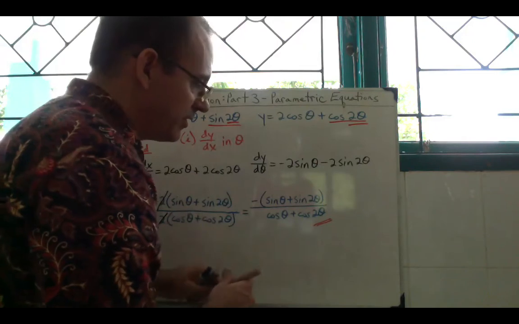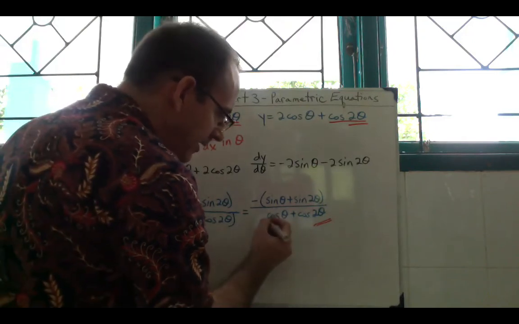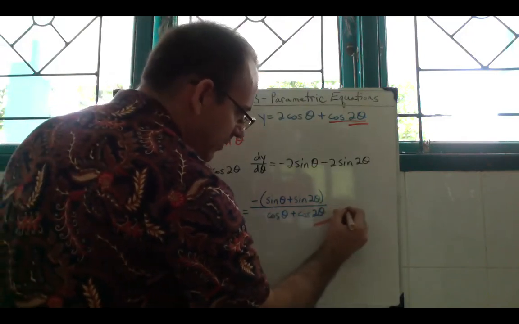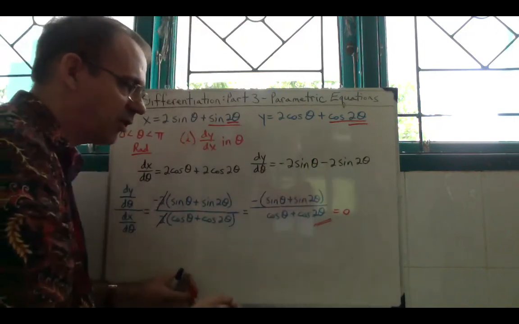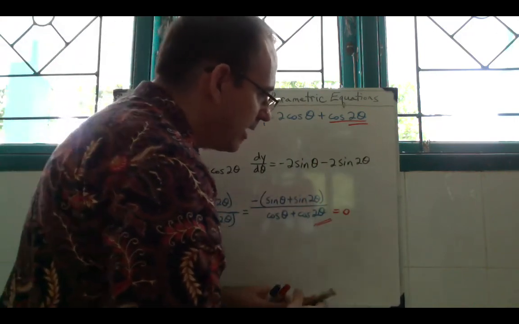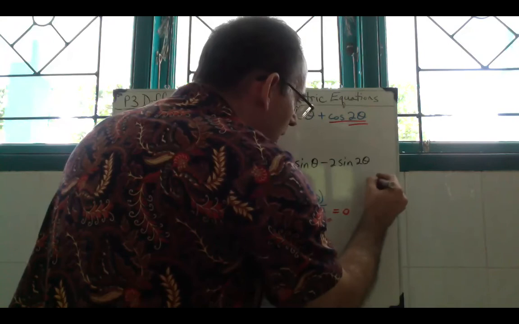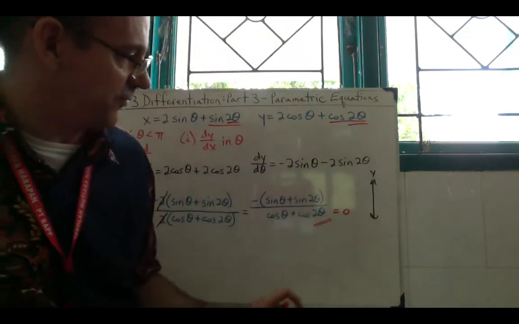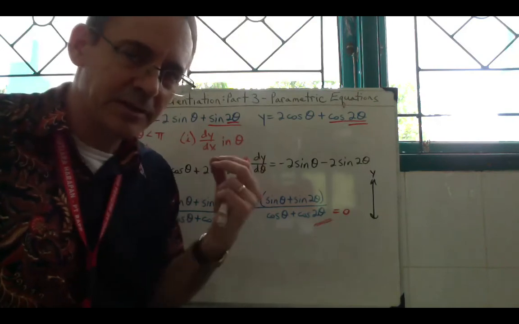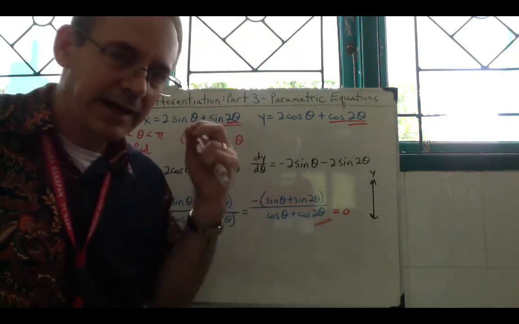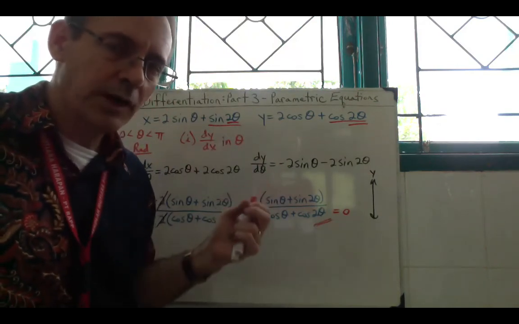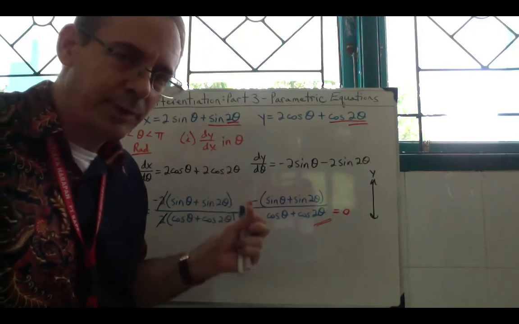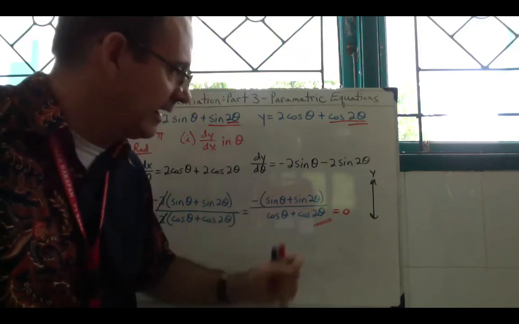So what we want to do in the second part is to set the denominator equal to 0, because the slope is parallel to the y-axis, and the y-axis has an undefined slope. So this is the mental part that you have to be able to figure out, what it means by the slope is parallel to the y-axis.